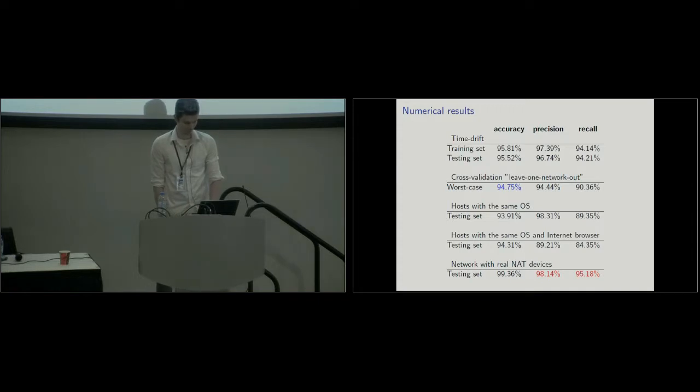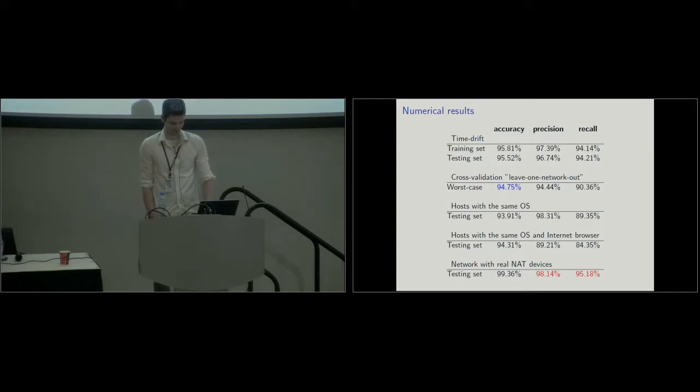We also test the detector on hosts having the same operating system, especially when the NATed hosts have the same operating system, and also having the same operating system and internet browser, which is the difficult case.